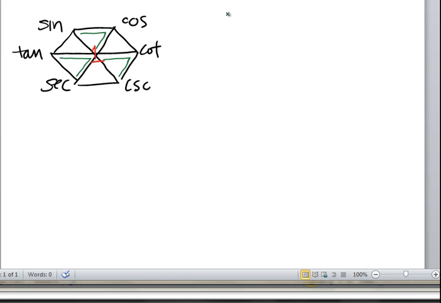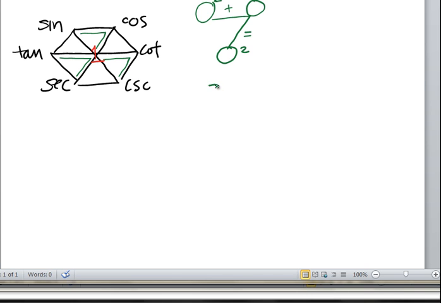So basically what I do is I follow the 7. I take this corner, I square it, plus this corner and square it equals this corner squared, right? So if I follow this first triangle here, I have sine squared theta plus cosine squared theta equals 1 squared, which is 1.